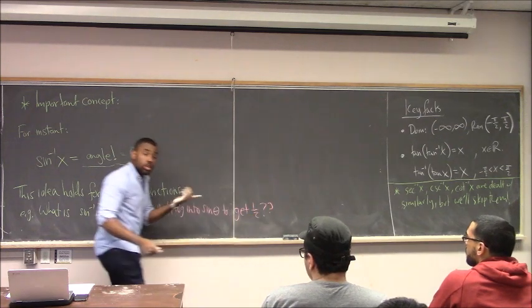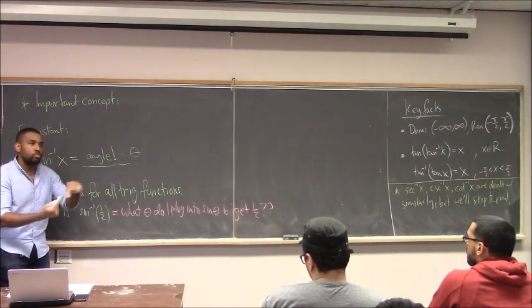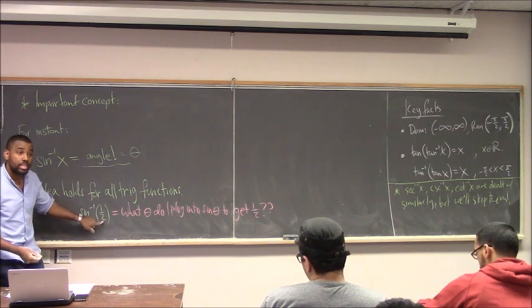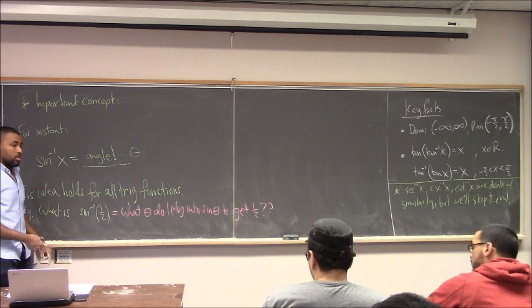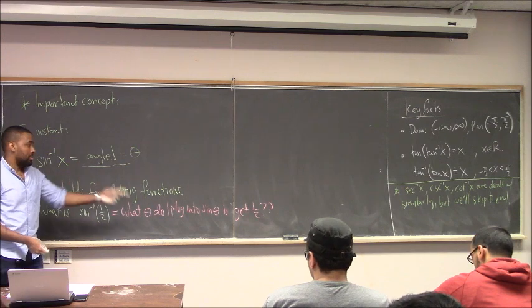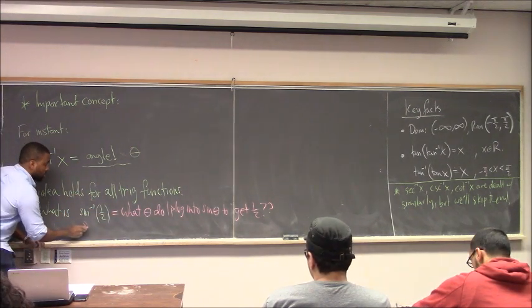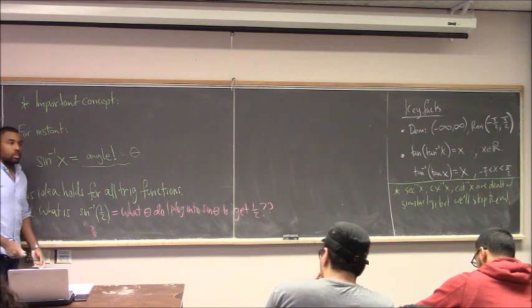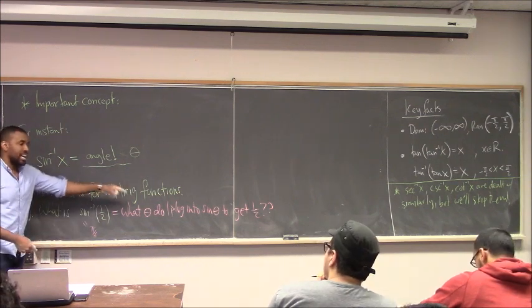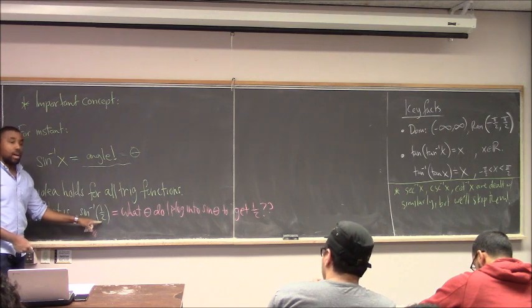That's how you're thinking of it. What is the angle that I had to put in the sine to get this as the number? And of course, if you remember that table, that's pi over 6. So you'd immediately be able to say, oh, this is just pi over 6, because when I plug in pi over 6 as the angle, the output is a half.